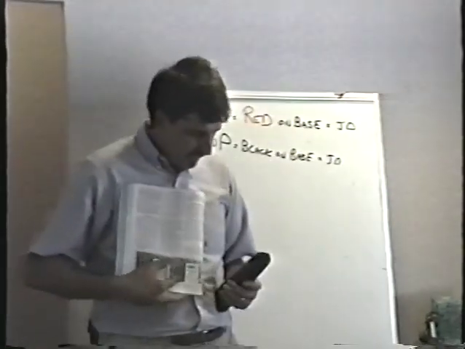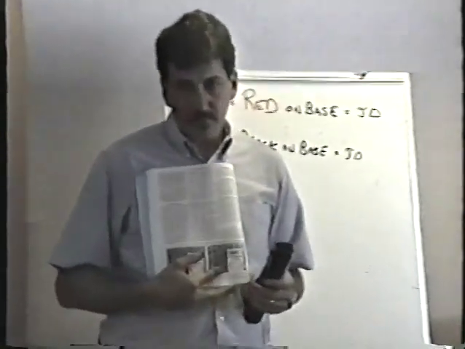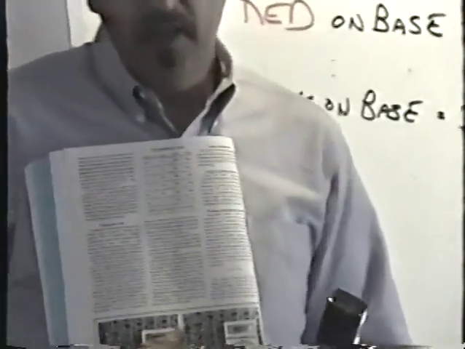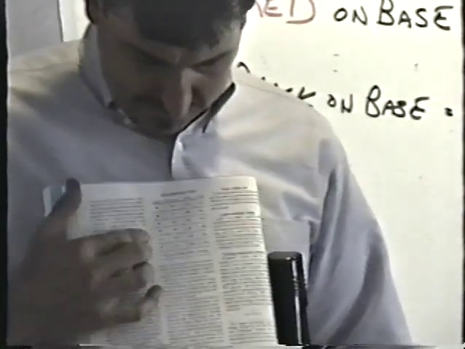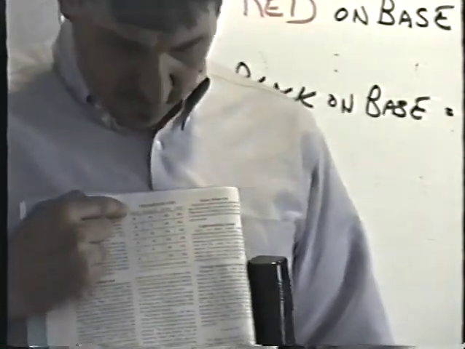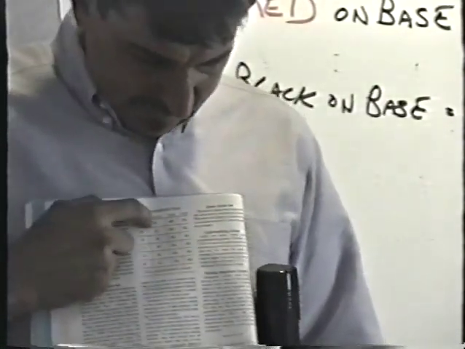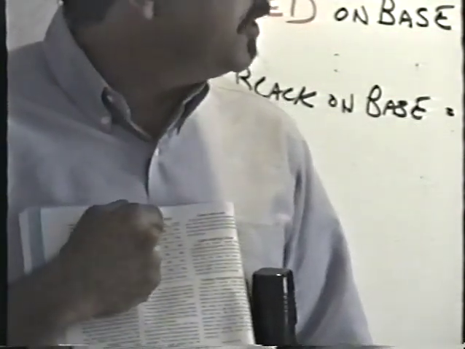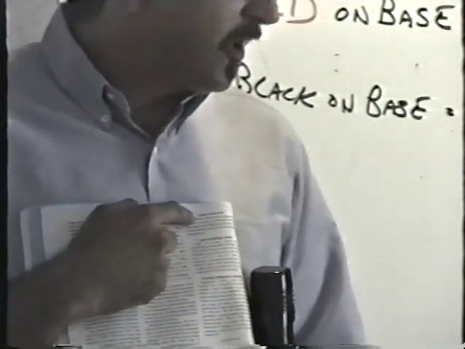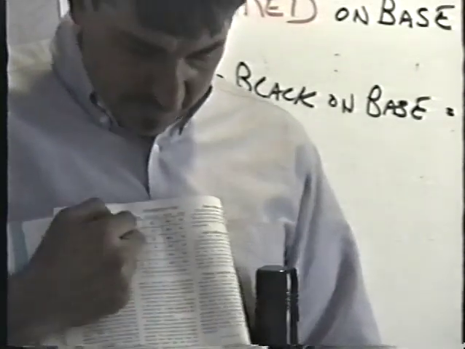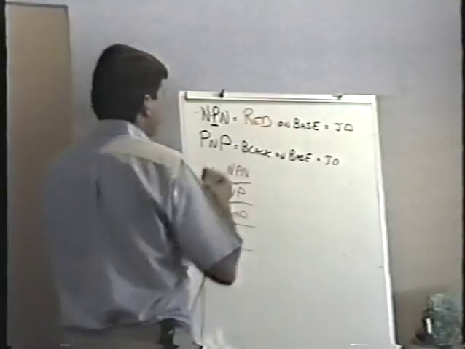When you look at the chart on the top of the page, it says red lead on the base, black lead on the emitter. If it's an NPN transistor, you'll get a junction drop. If it's PNP, you'll get an open reading. And same thing all the way down.